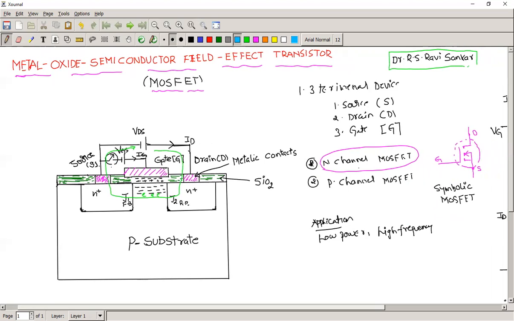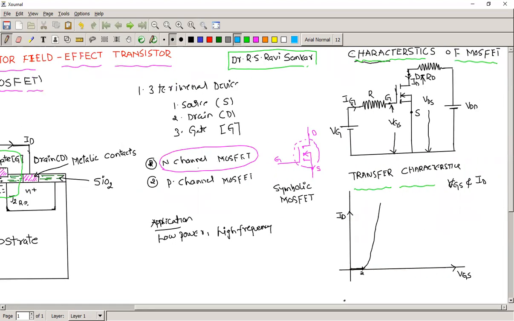See, just now we have seen this characteristic, more than this voltage. This we are simply calling VGST, the gate trigger voltage, or the threshold voltage.